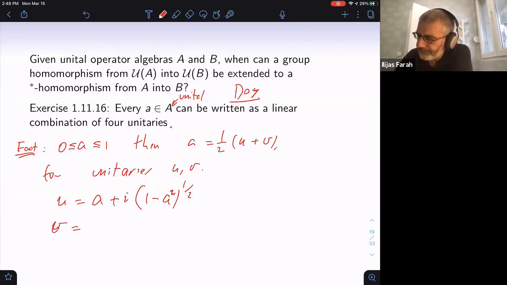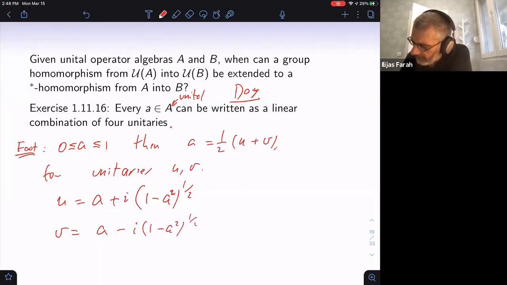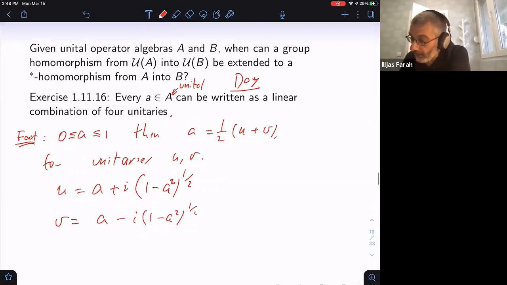Okay, so U is that, and V is the conjugate of U, right? So these are both unitaries, and their product is 1, and their convex combination is equal to A. All right. So anyway, this was a silly digression.